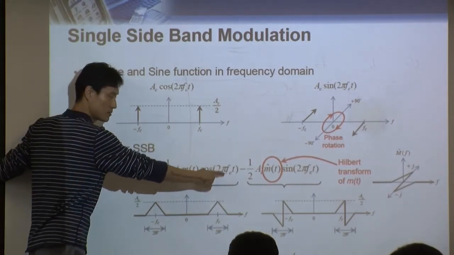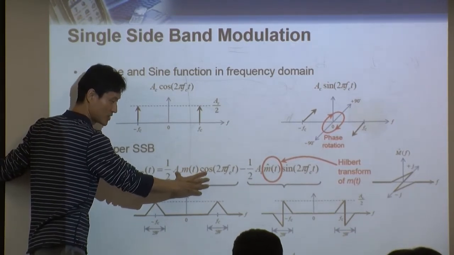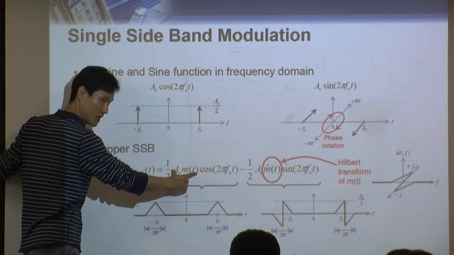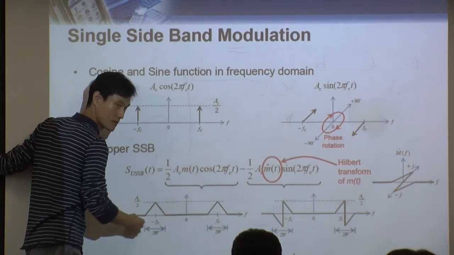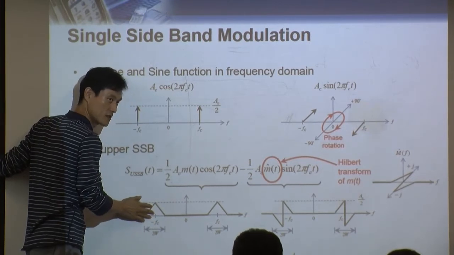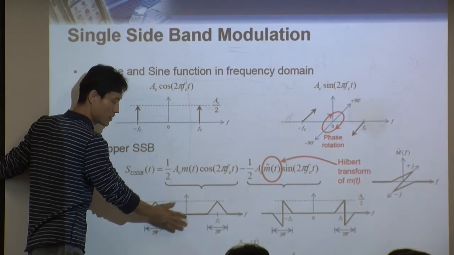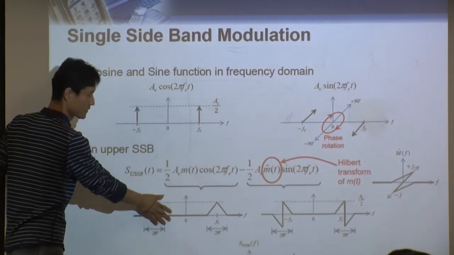So this is like a DSB signal, right? Remember the DSB? This is exactly the same as the DSB part. So DSB looks like this in the frequency domain. Mathematically this is a DSB, and in the frequency domain this is a DSB, same thing.